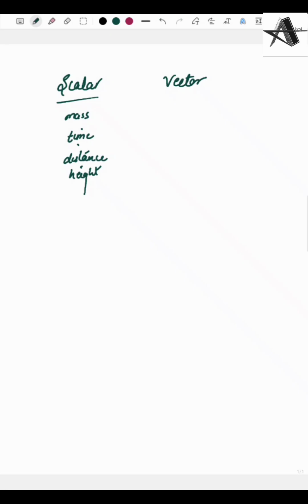You can clearly understand there how we can specify the direction of some quantities and for some we can't. So examples are displacement, velocity, acceleration, force, etc.